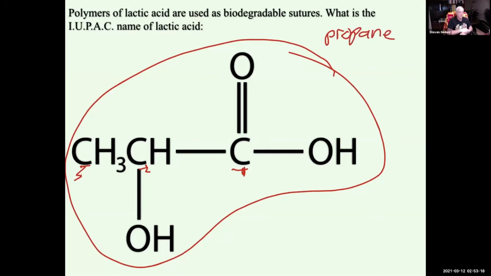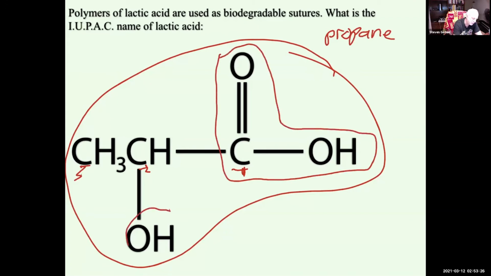Now we have a problem. We have 2 functional groups. We have a carboxylic acid and we have an alcohol. And what I said before is the functional group that is the most oxidized takes precedence. The alcohol group has 1 oxygen.